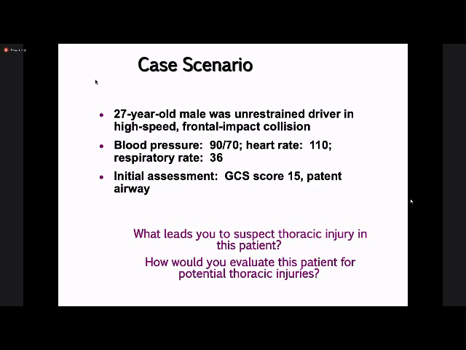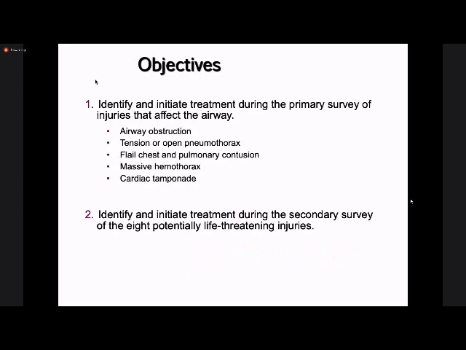And then how would you evaluate? Are the two things that you need to think. So this patient, we know for the moment, at least the airway is patent. His GCS is 15, he's talking. But his breathing and circulation, there could be issues. So how would you assess this patient, and why do you need to suspect?